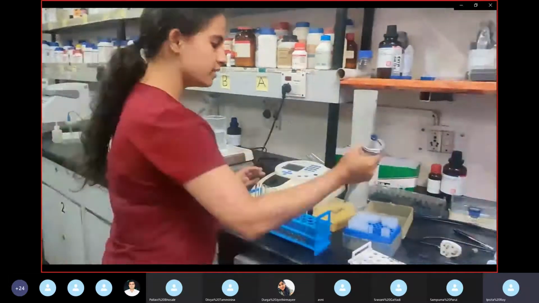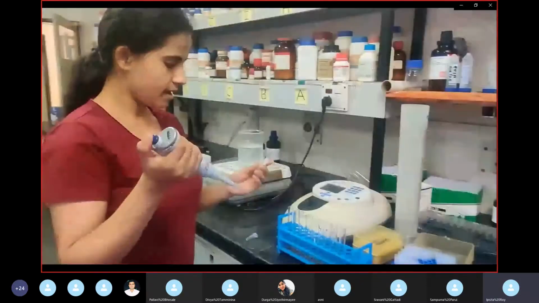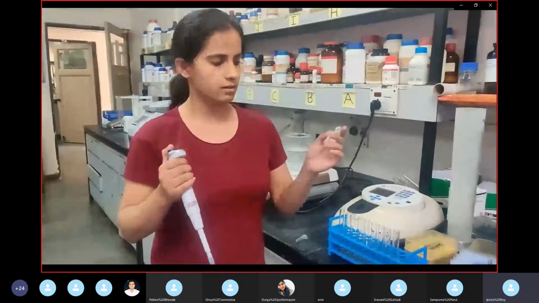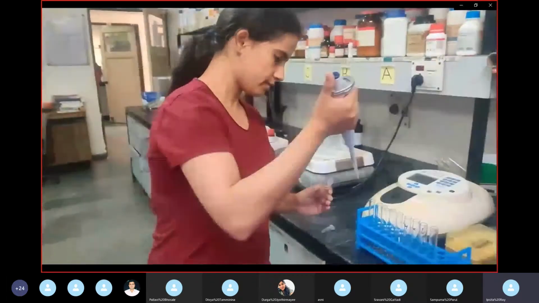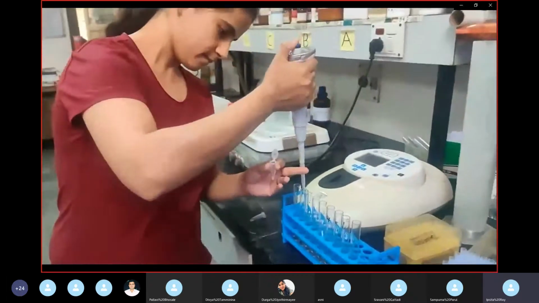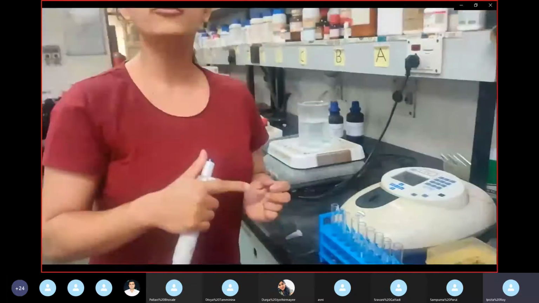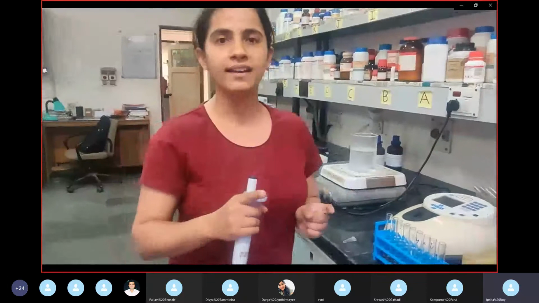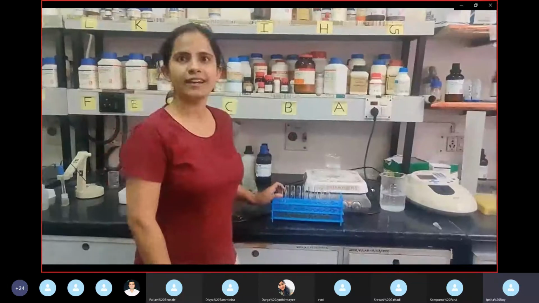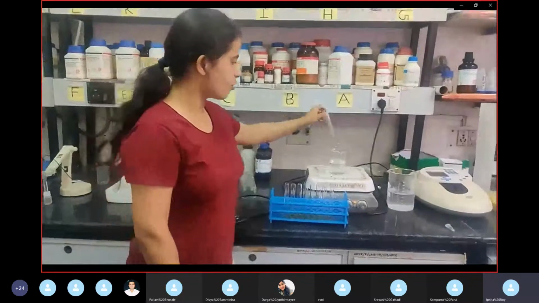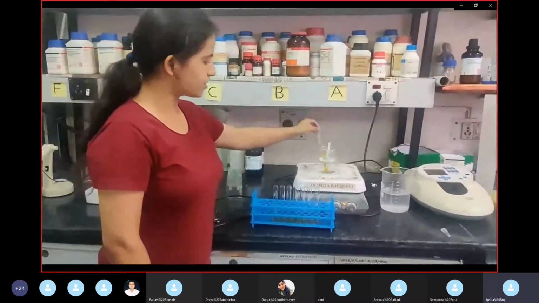So now I am adding maltose into it, and this is the 1 ml volume of maltose. For this we have prepared a blank also. In the blank there will be DNSA and only the acetate buffer. Now we are adding these test tubes into boiling water, and we will see after 5 minutes there will be a change in color.